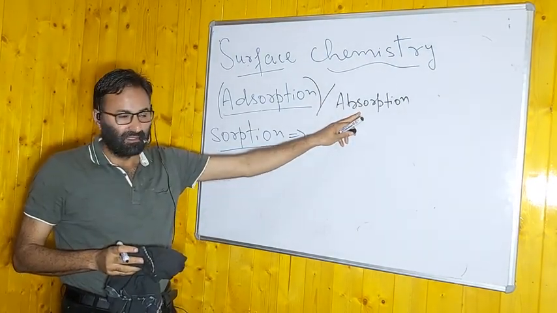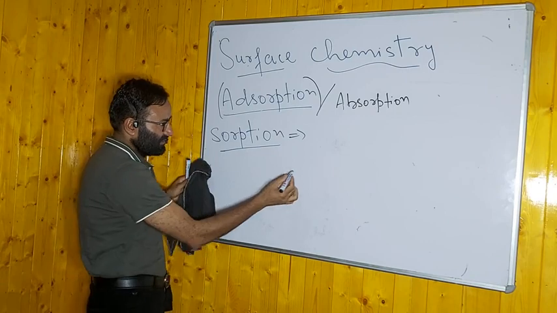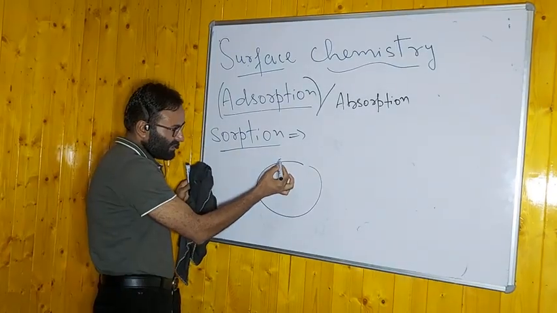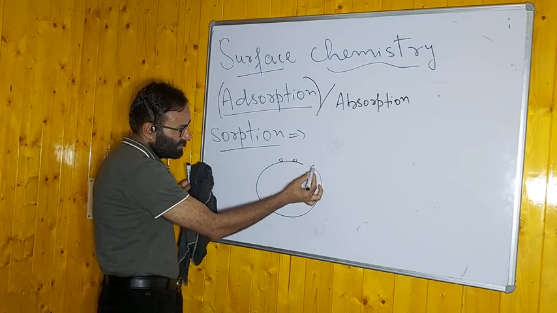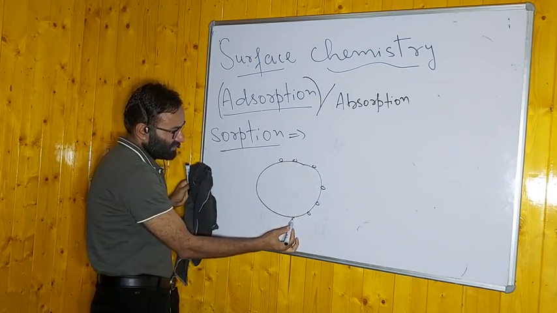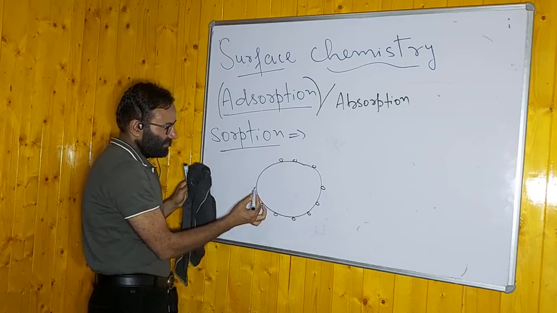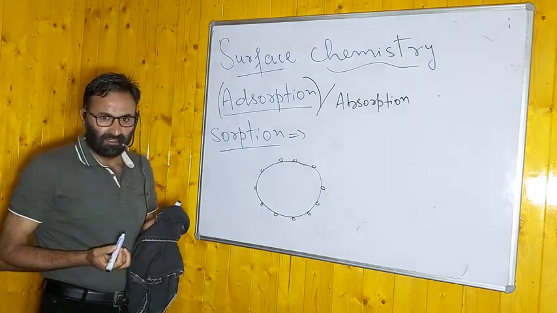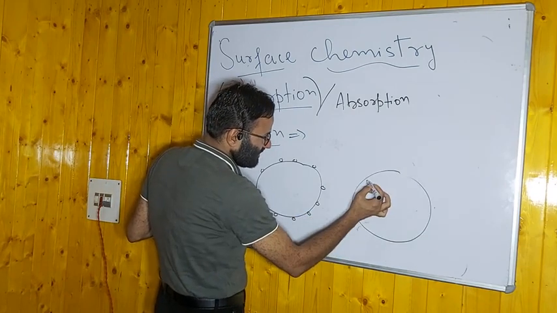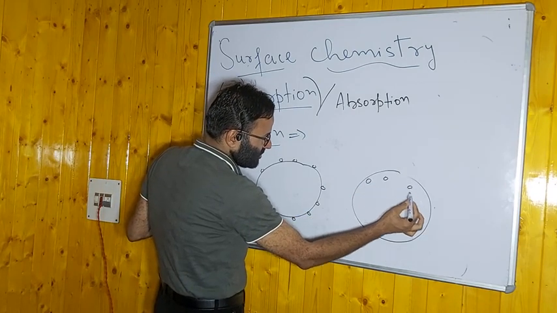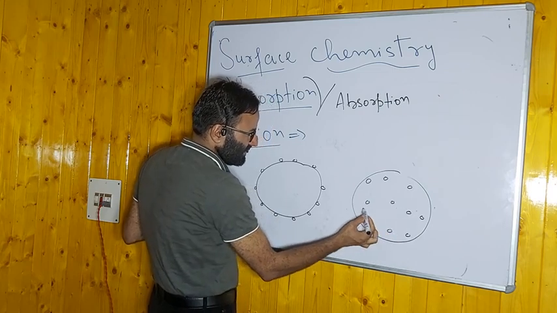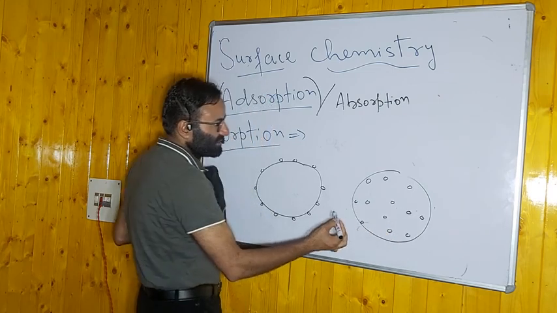For example, if you have this adsorbent surface, and the adsorbate particles remain on the surface, it will be adsorption. But if the adsorbate particles enter into the bulk, into the whole body of the adsorbent, at that time it is absorption.